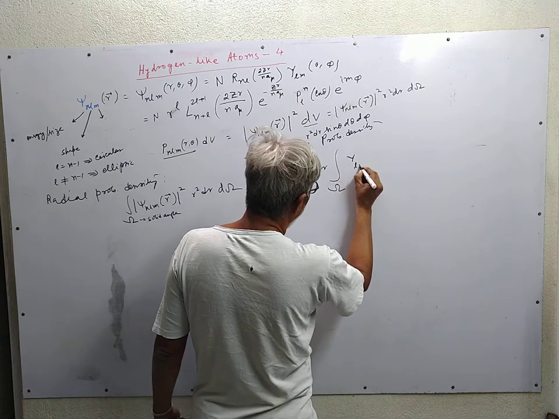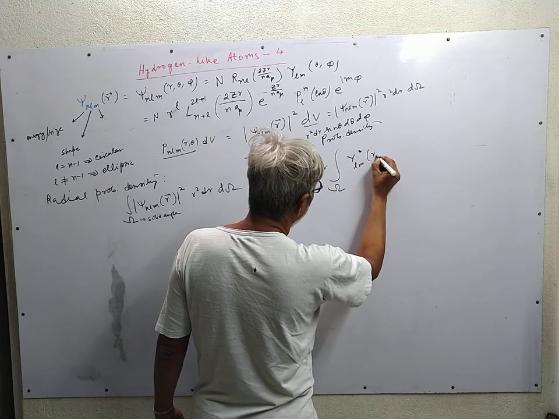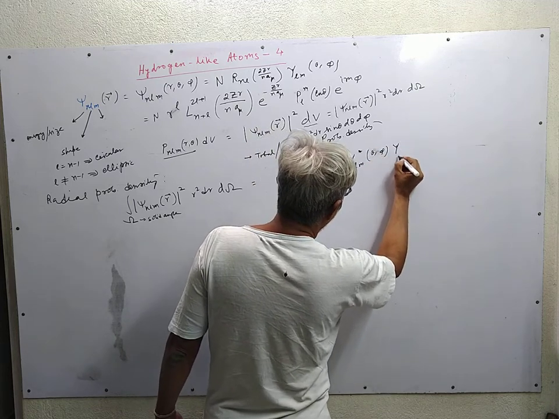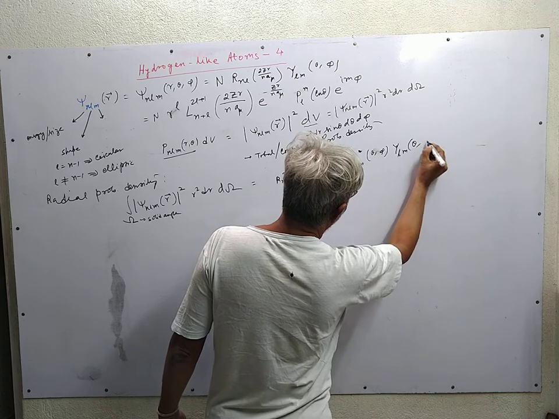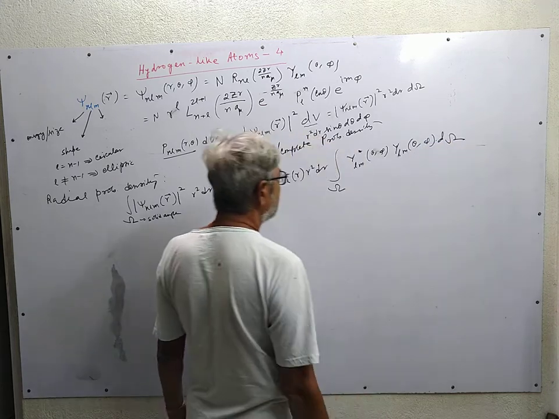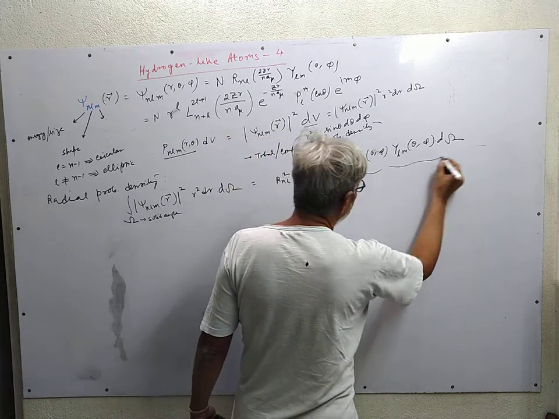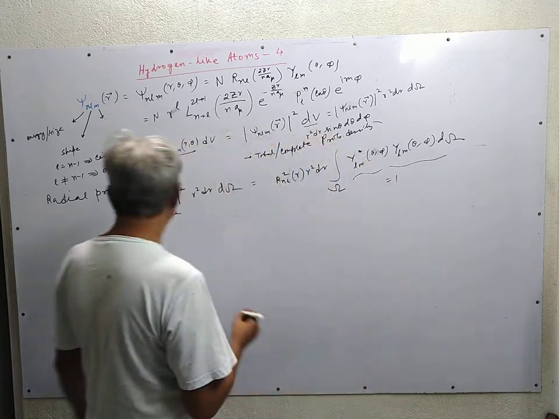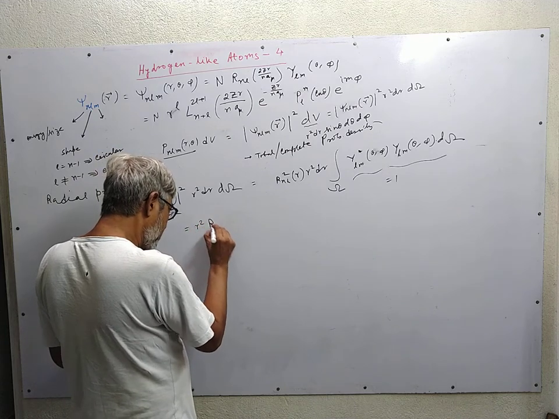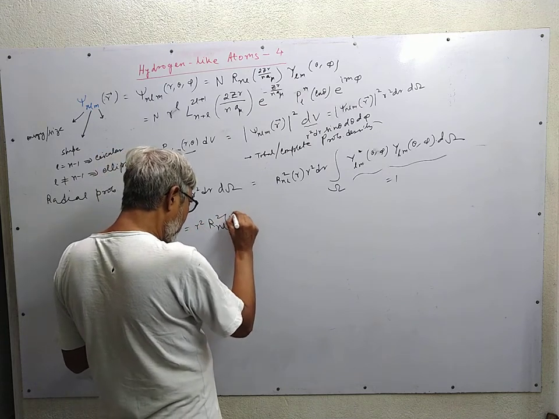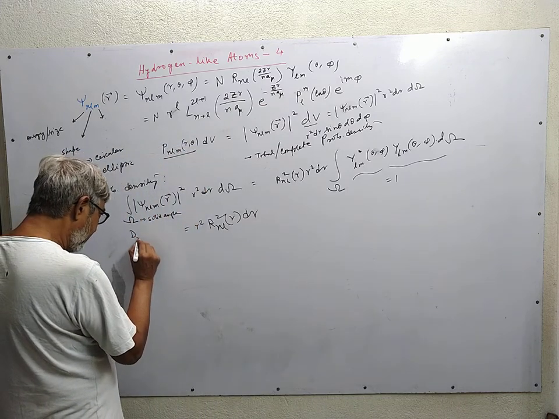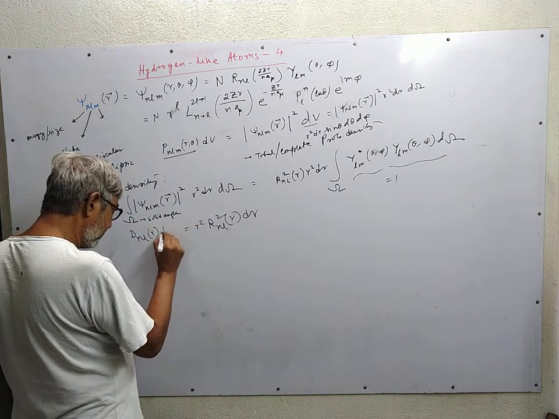It is YLM star of theta phi and YLM of theta phi integrated over the total solid angle, and this quantity is unity. So we are left with r square RNL square of r dr. This is called the radial probability density.